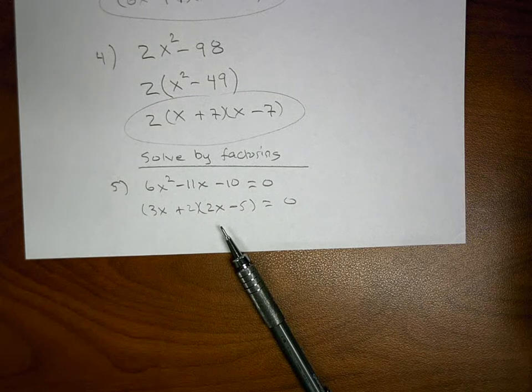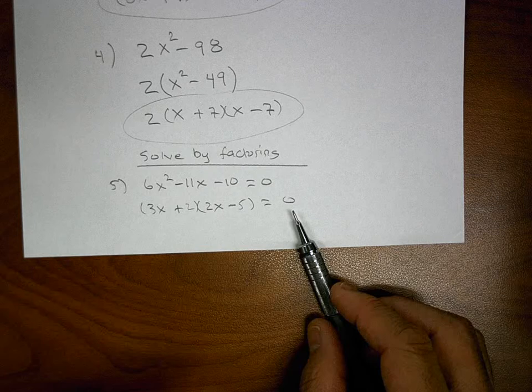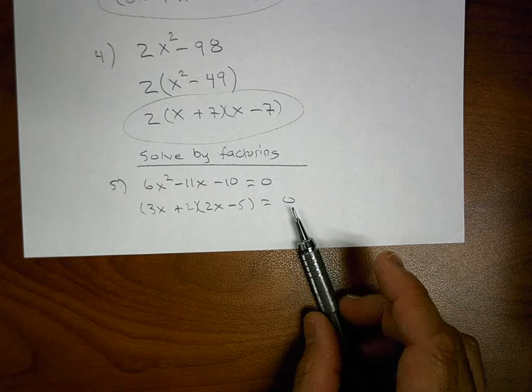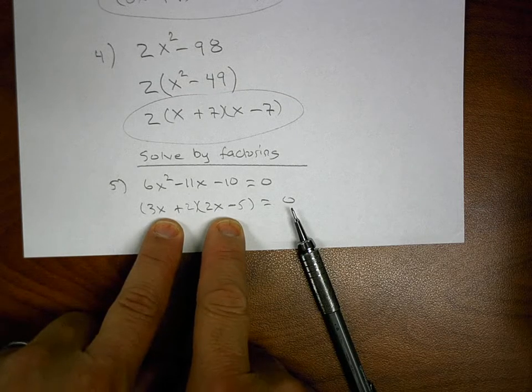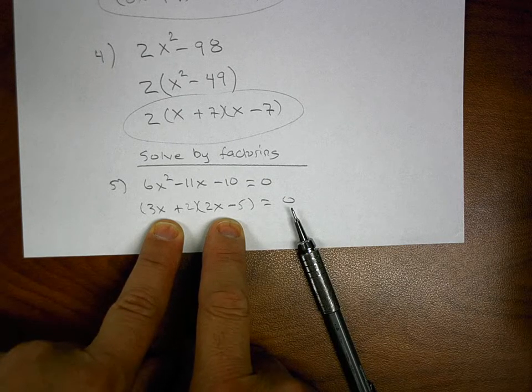No. Well, if we kind of understand, if it's equal to 0, that's pretty powerful. Why is it powerful? Because anything times 0 is what? 0. Anything times 0 is 0.